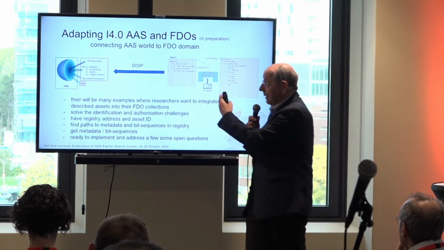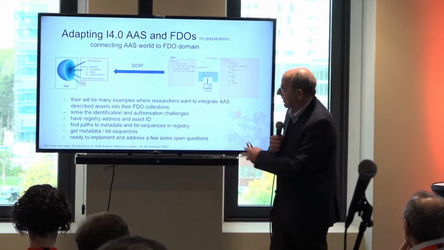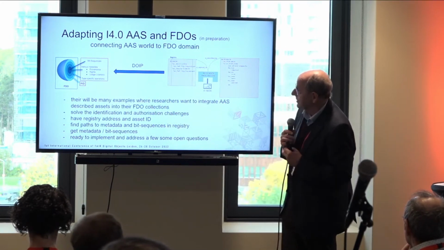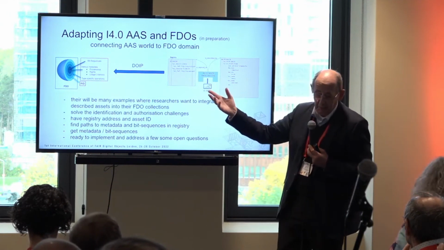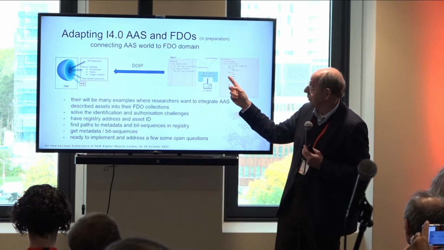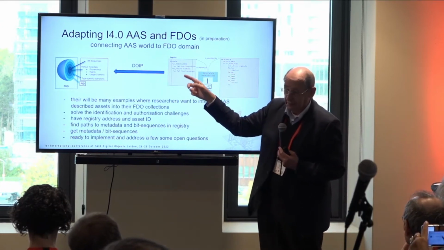So we should be able to integrate it into the data space. So we're working on a connection, and I think you can immediately see that DOIP is a huge tool to do this, since we can ask for the metadata, we can ask for the ID, transform it somehow, we can ask for the path, and so forth.